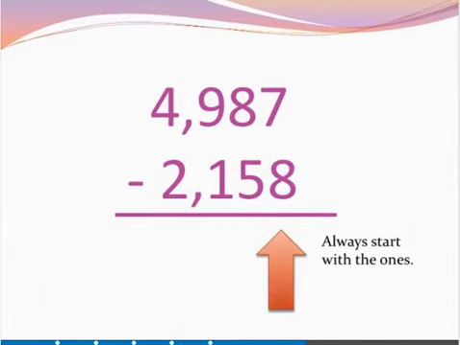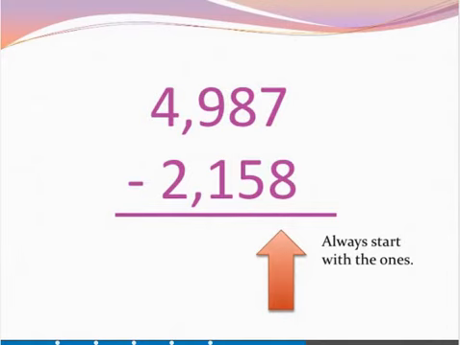As you can see here, if you want to subtract 4,987 minus 2,158, you should start with the ones, which is 7 minus 8. Since it's not working, we have to borrow from 8.